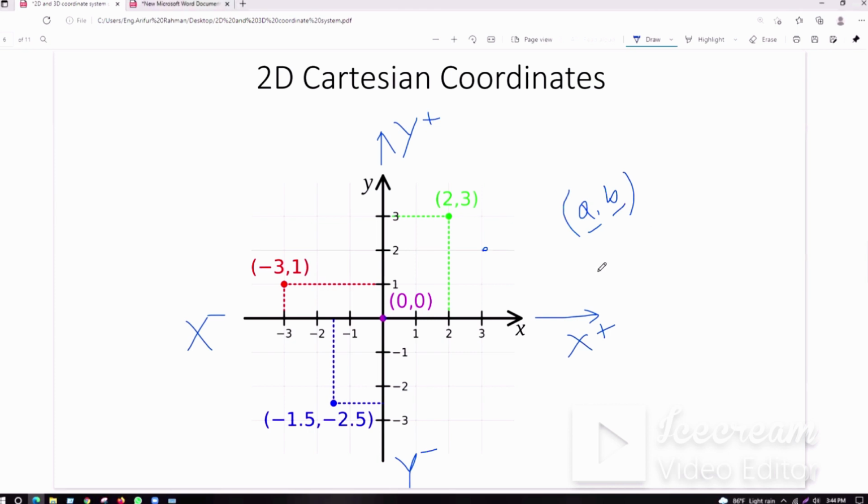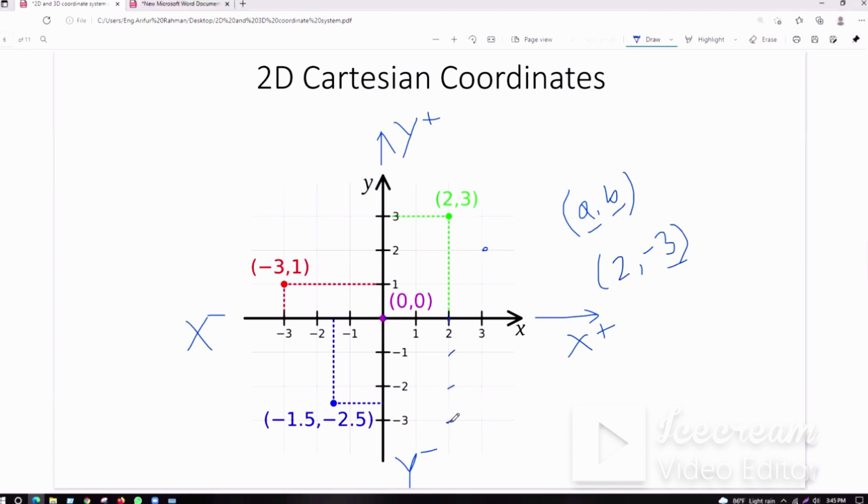Say for example, if we refer to the point 2, -3, then let's look at the point on the graph. 2 is in the positive direction of x-axis, that's where we are going here. And -3 is in the negative direction of y-axis, that's downward, right? 1, 2, 3. -3 is here.